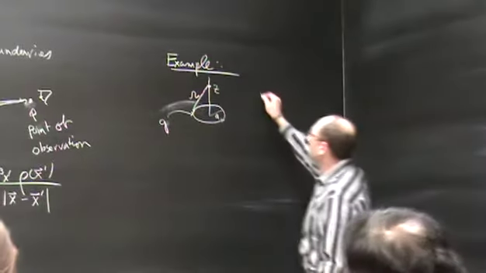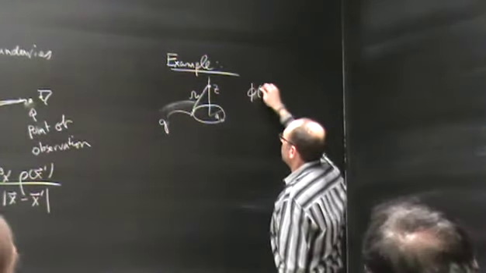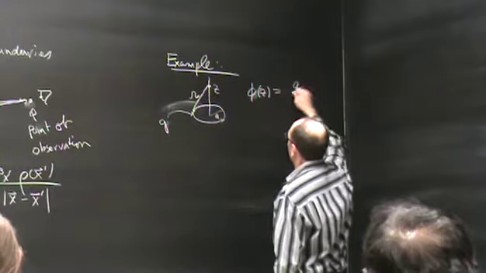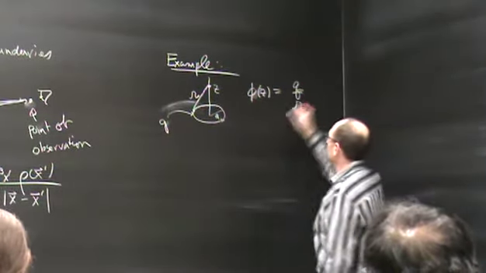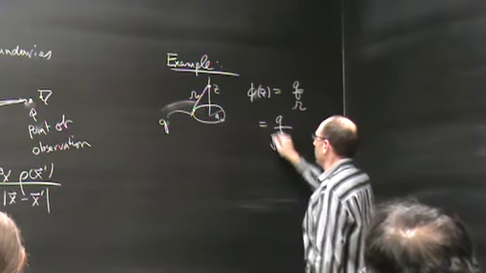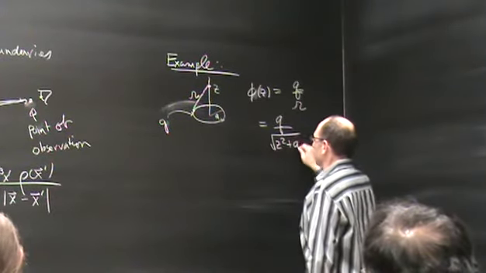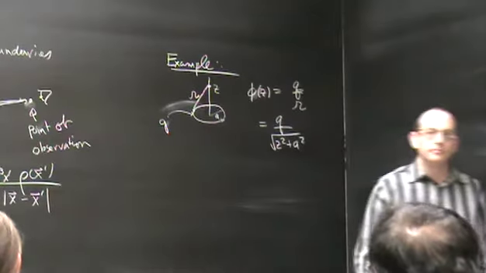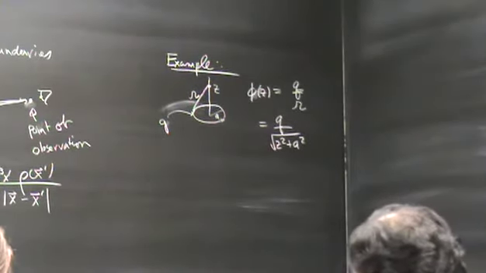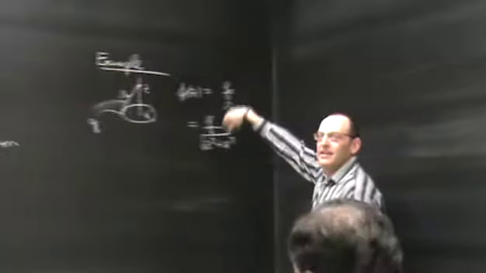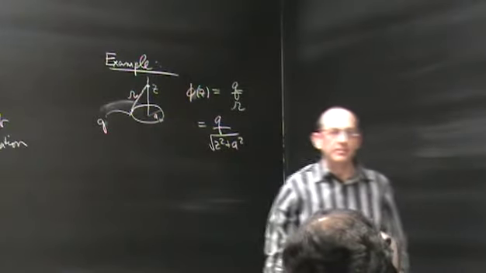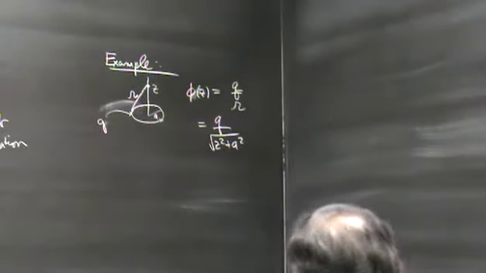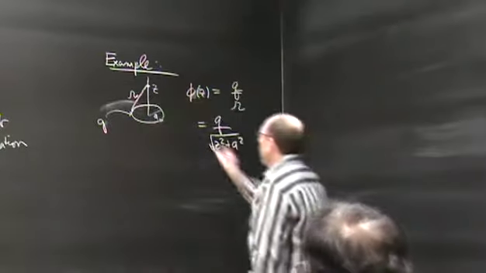So the potential on axis is q over that distance, and that distance is equal to the square root of z squared plus a squared. If I were to integrate it as a little dq, every point would contribute the same, because they're all the same distance from the point of observation. So that's the exact solution.